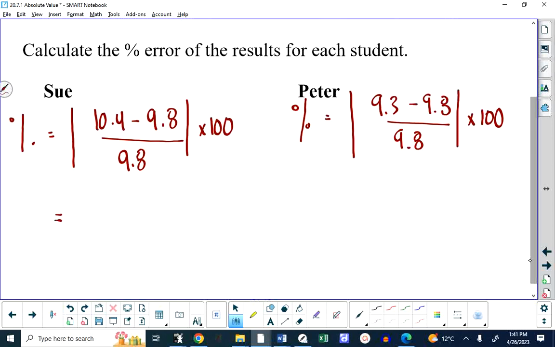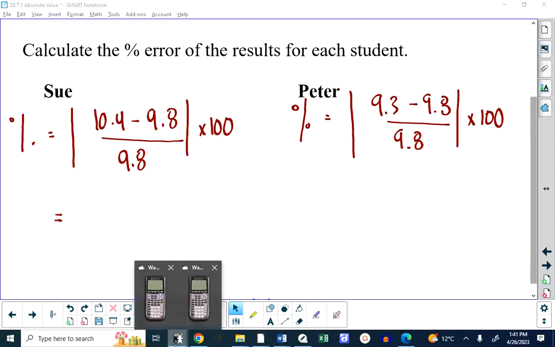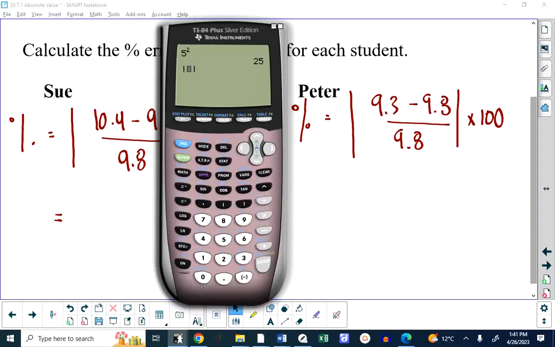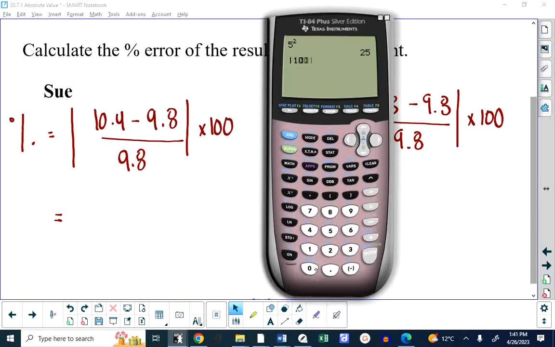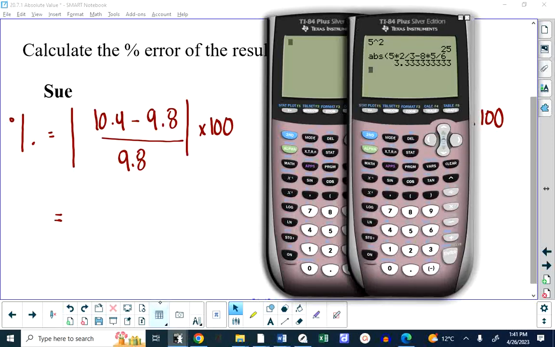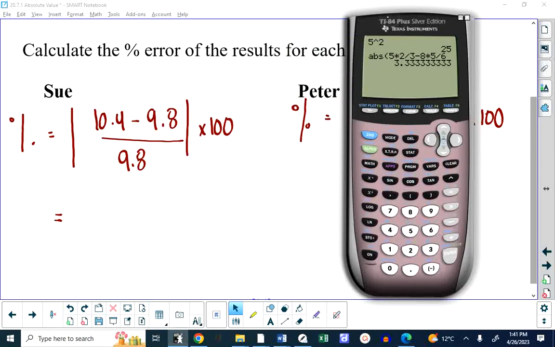So let's calculate Sue's, and I'm going to do it in pieces. 10.4 minus 9.8. I don't want to use that calculator. I don't even want to do the absolute value.